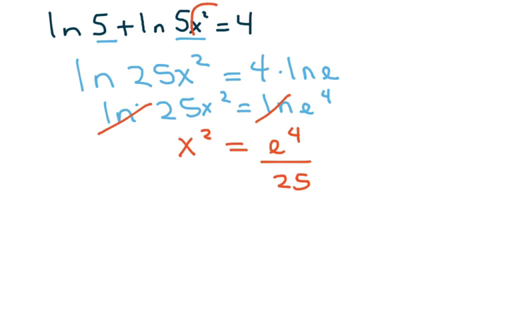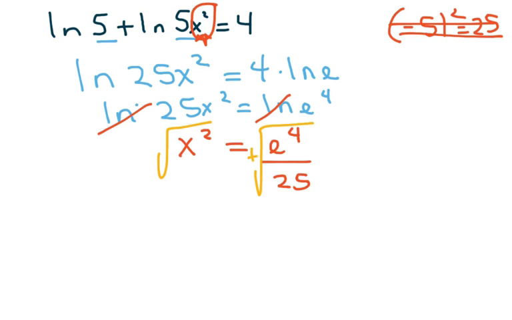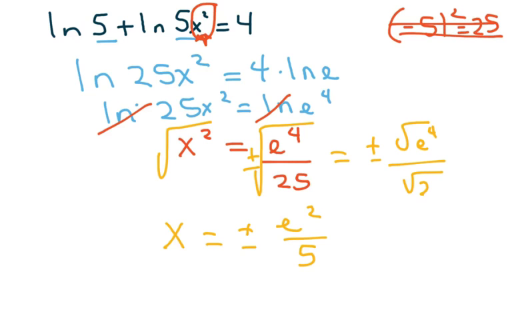Again, my domain's going to be all real numbers, because even if you plug in a negative, so if I plug in negative 5 squared, it still turns out to be positive. So now we're going to square root both sides. Don't forget your plus and minus. So x equals plus or minus e squared over 5. This is like saying plus or minus square root of e to the fourth over square root of 25, which gives you this answer.